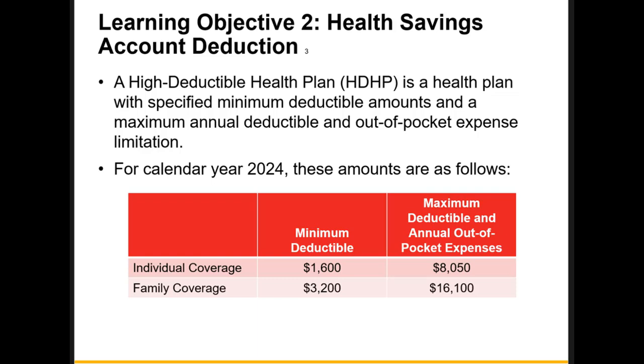At Hack, we have a high deductible plan. Hack puts money in, I put money in, into the savings account. My maximum putting it in, because I have family coverage, is $16,100. I never come close to that, but we do put money into it, and that would be the maximum deduction.